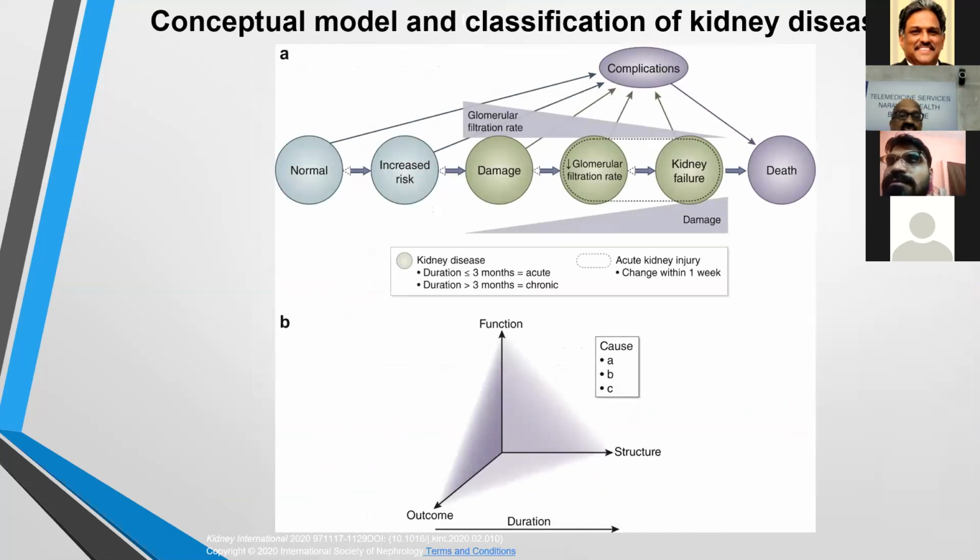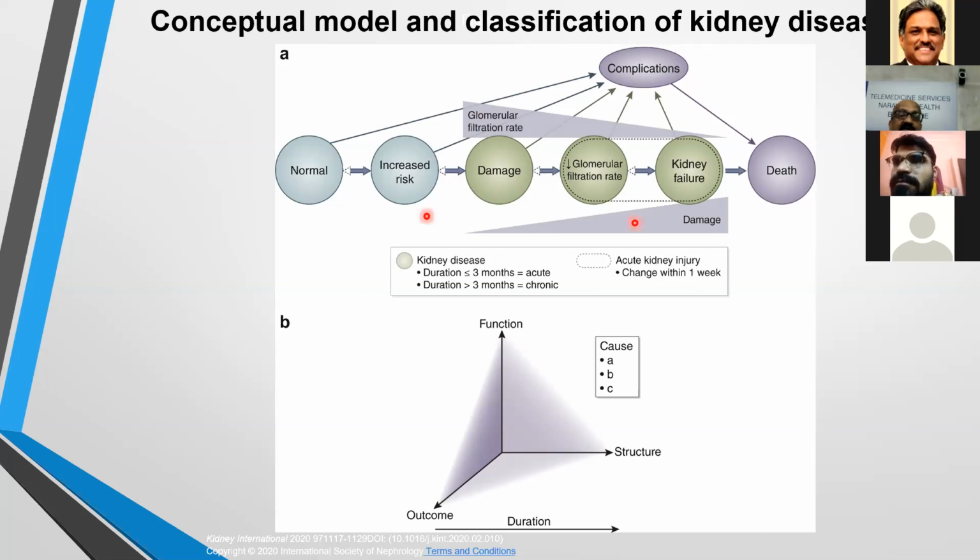The factors associated with kidney injury, the risk of kidney injury, and this is the stage of risk. This is the stage of damage, where the glomerular filtration rate has fallen, and this is the stage of failure, and this is the stage of ultimate death. So here, if you see this triangle, as the glomerular filtration rate comes down, the kidney damage increases.